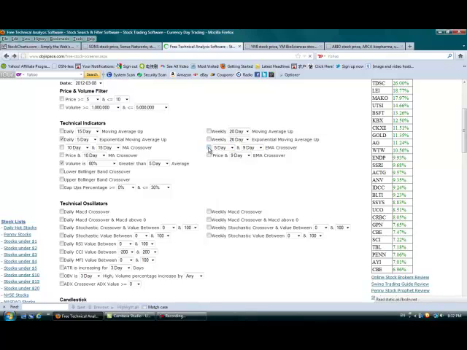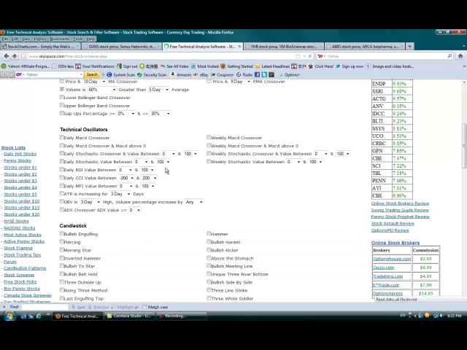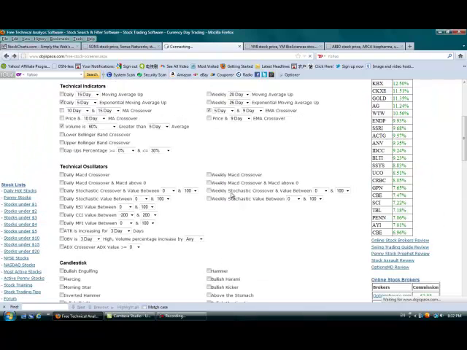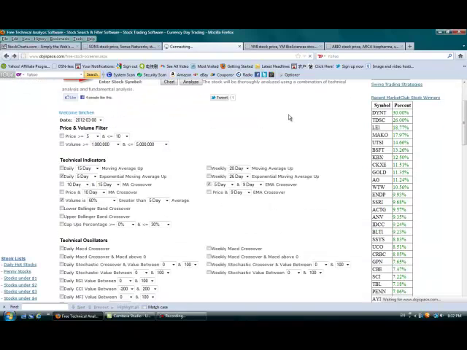Let's say you want the condition of a 5-day and 9-day exponential moving average crossover. I have a lot of trading fans that are using exponential moving average crossovers to find stocks to buy.